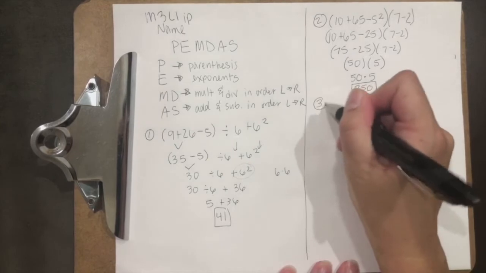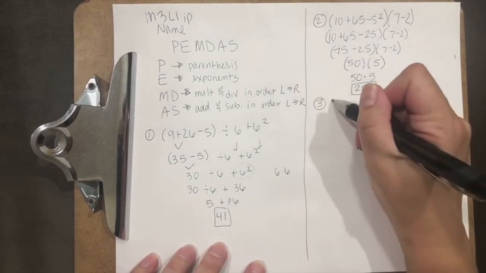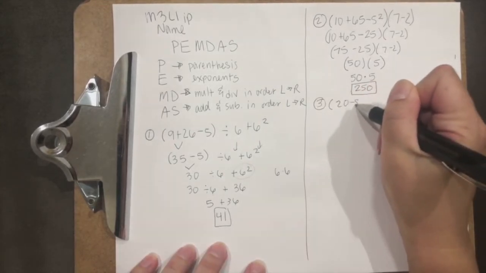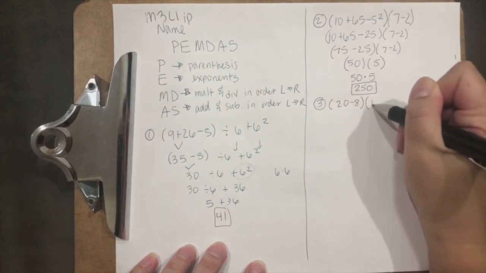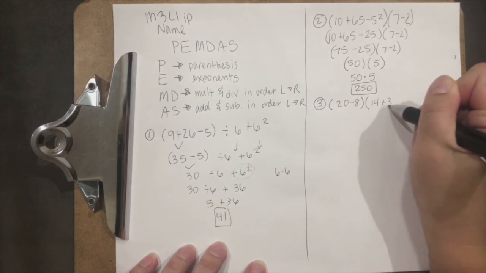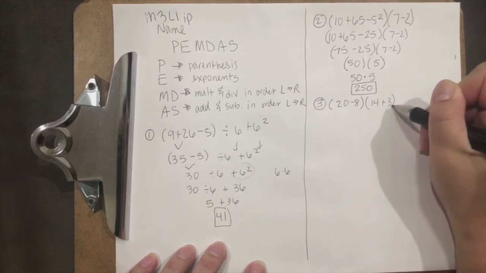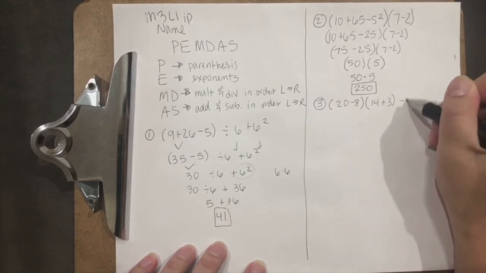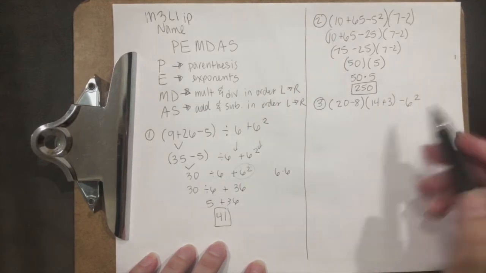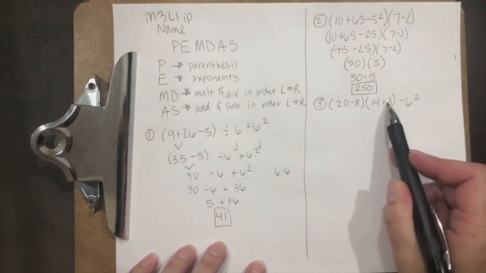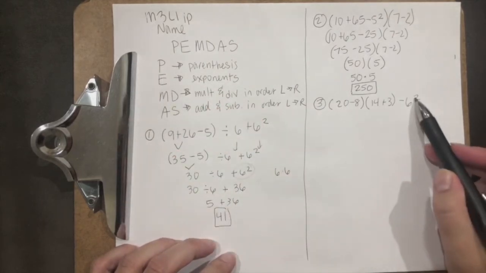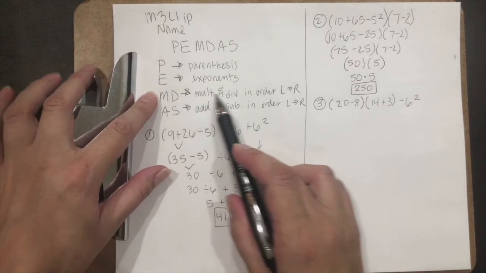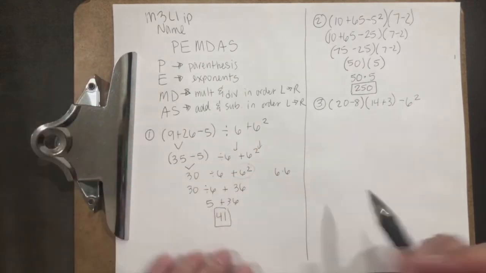Number 3, parentheses, 20 minus 8, close parentheses, parentheses, 14 plus 3, close parentheses, minus 6 squared. So we'll do what's inside the parentheses first, then we'll do the exponent, and then we'll do multiplication and division, and then addition and subtraction.